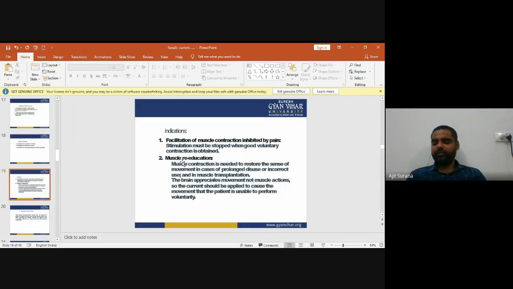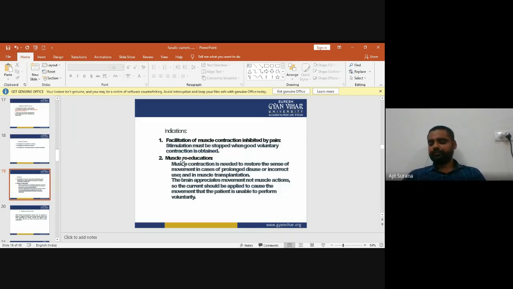Overactivation of the antagonist group may result from a deficiency of afferent impulses from wasted muscles, or old age. So stimulation is extensively used therapeutically to initiate and facilitate voluntary contraction of the muscle, where voluntary contraction is inhibited or impossible due to pain or injury.